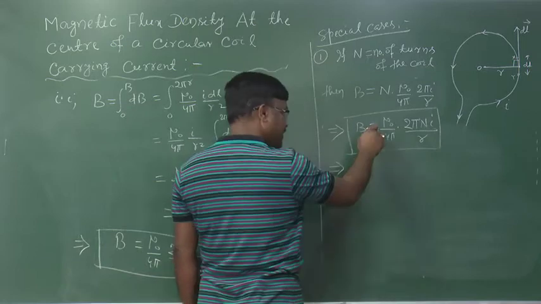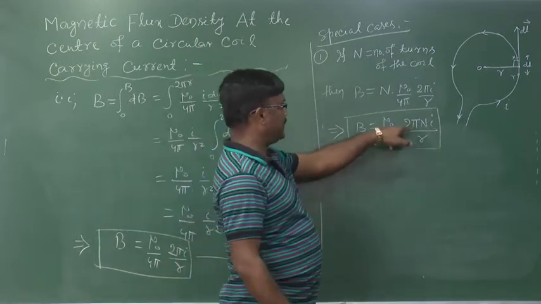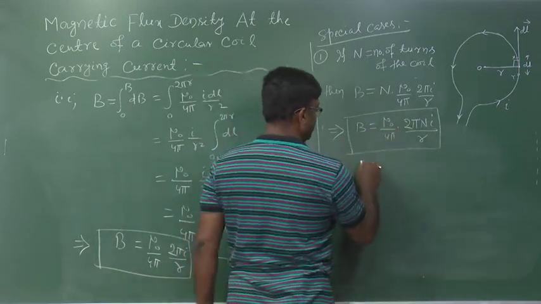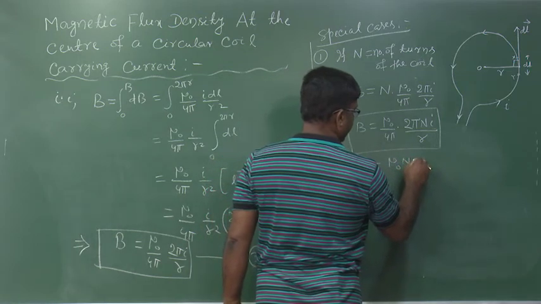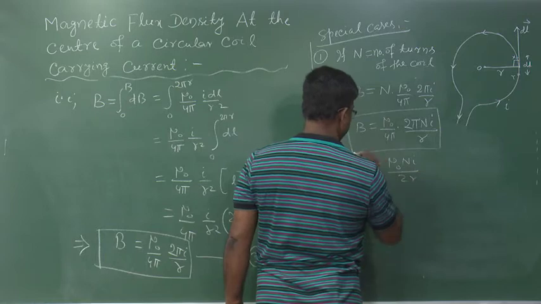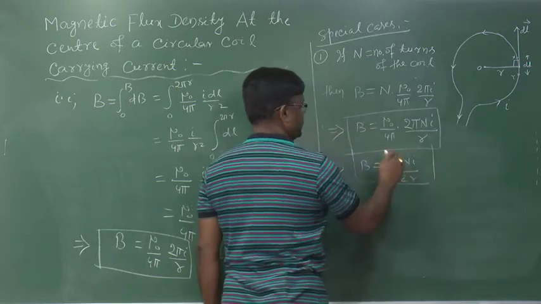And this can be reduced, as 2 pi gets cancelled, so B will be mu 0 N I by 2r, the same expression as before.